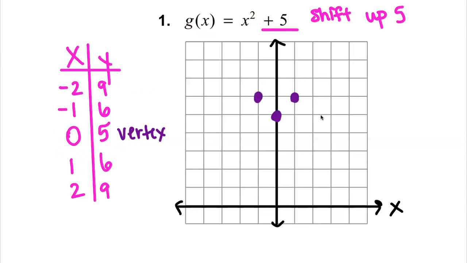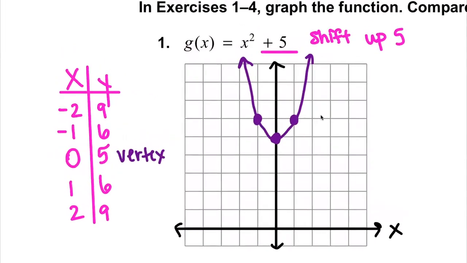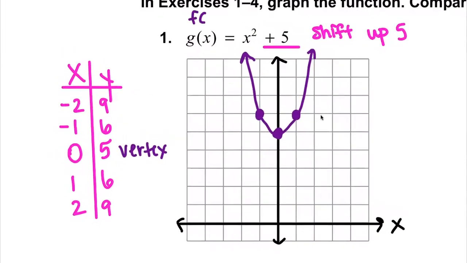Now, I don't think I'm going to have room for my 2, 9 and my negative 2, 9, and that's okay. There's our parabola. It looks the exact same shape as y equals x squared. If I had x squared, then that would be down here. And this is just shifted up 5.